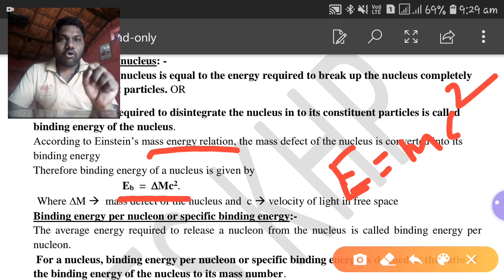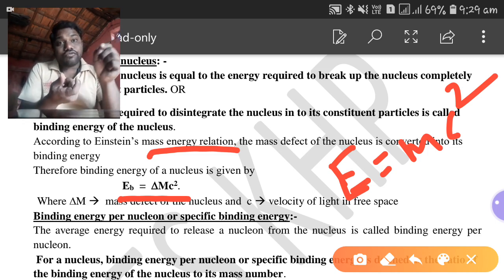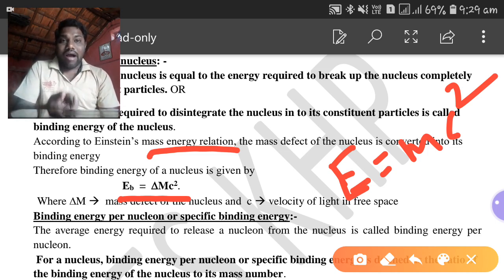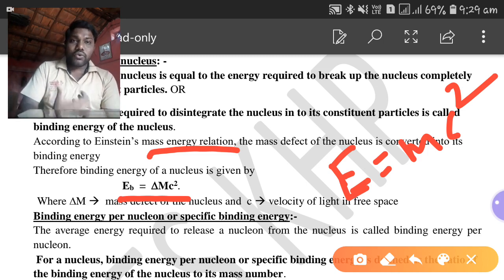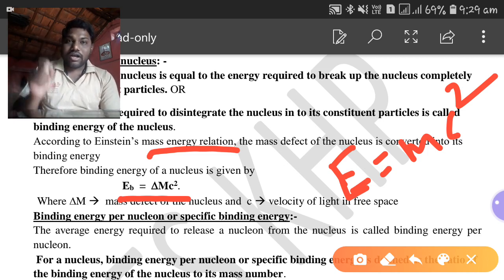It is equal to delta m into c square. We will not take m here, we will take delta m, because of the mass defect there will be the binding energy. So this is the formula for binding energy.